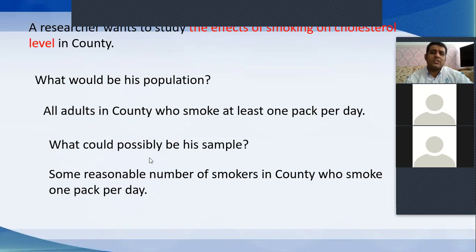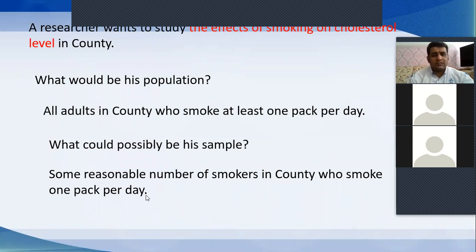But when we consider the possible side effect on cholesterol, then maybe we need the population of smokers who are smoking and who have a cholesterol level with them. If the cholesterol level is there, it is easy for us, and those who regularly check their cholesterol level should be enough to study.